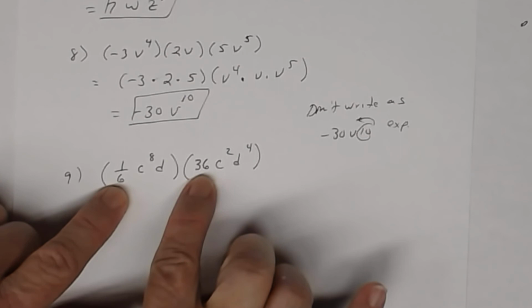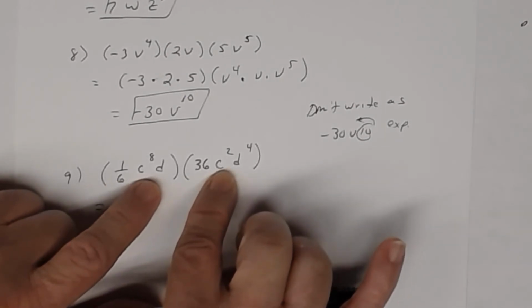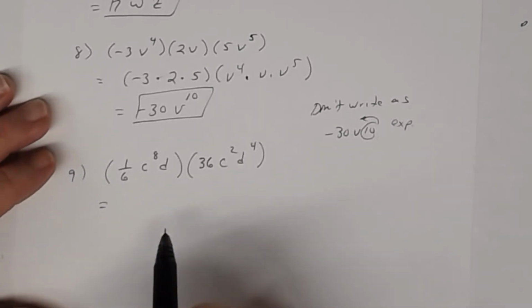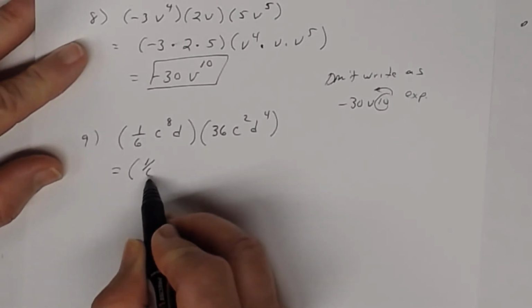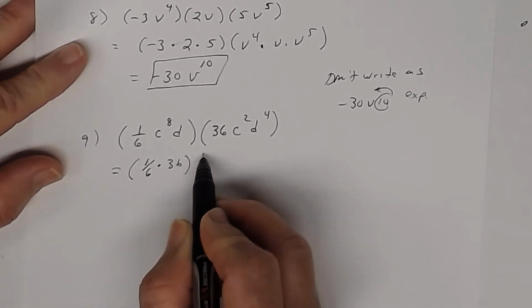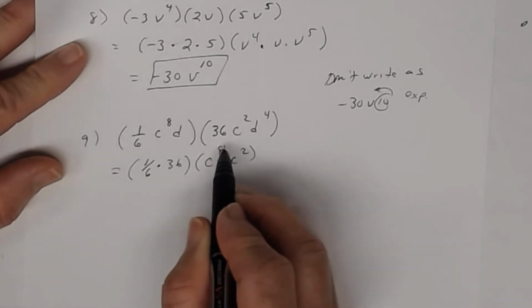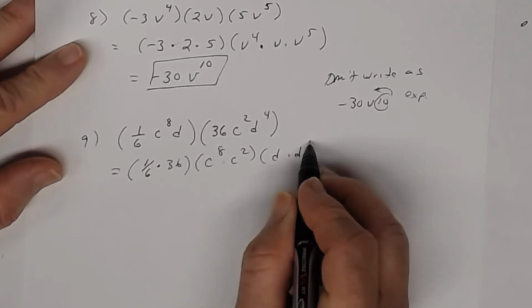So I'm going to put the coefficient together. I'm going to put the c's together, and put the d's together. But you can go from here to the answer very easily, correct? So this is what you would see. You would see 1/6 times 36, and then times c to the 8th times c squared, just like this. And then the d's, the product of the d's, so you have d times d to the 4th.